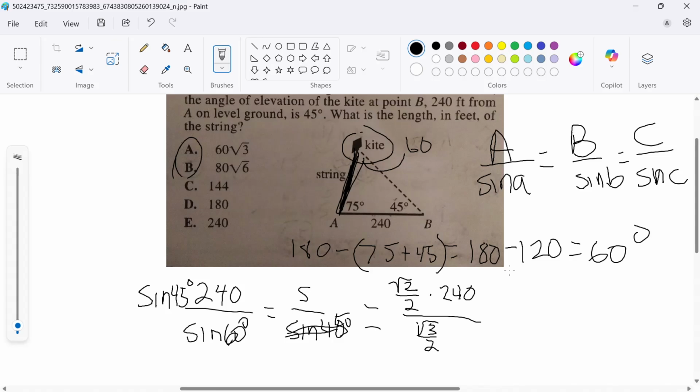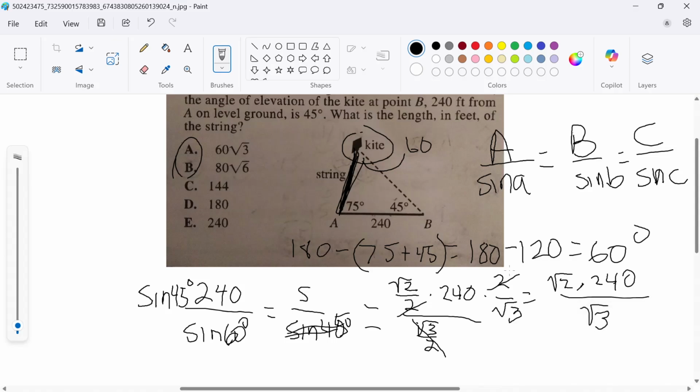And if I'm dividing by a fraction, it's the same as multiplying by the reciprocal of the fraction. Flip it, times 2 over square root of 3. The 2's cancel, so this is square root of 2 times 240, divided by square root of 3.